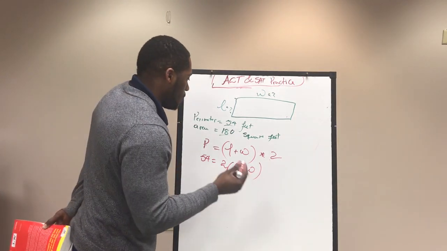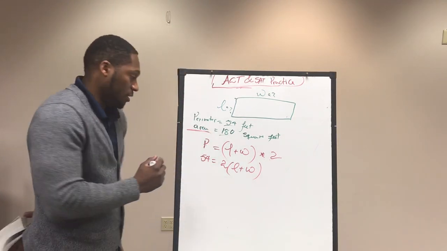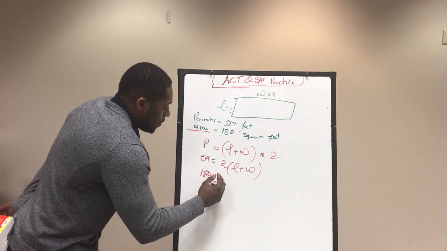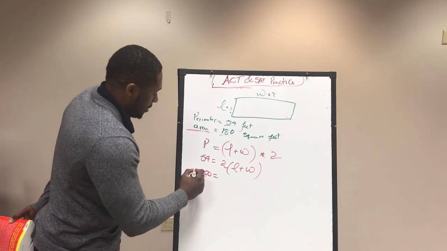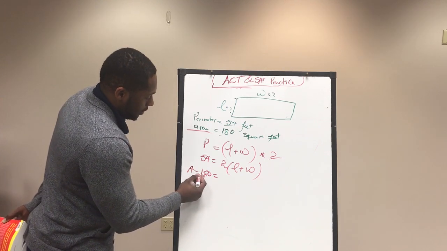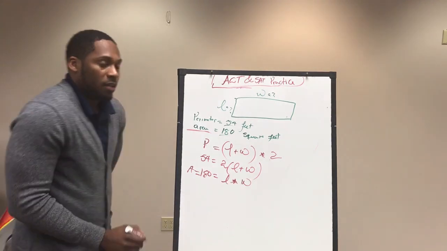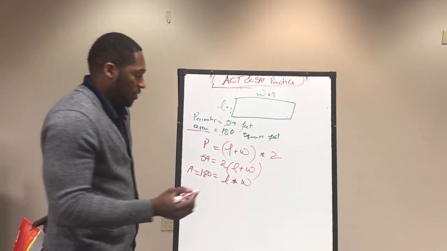What's the formula for the area of a rectangle? The area is 180, which is equal to the length times the width.